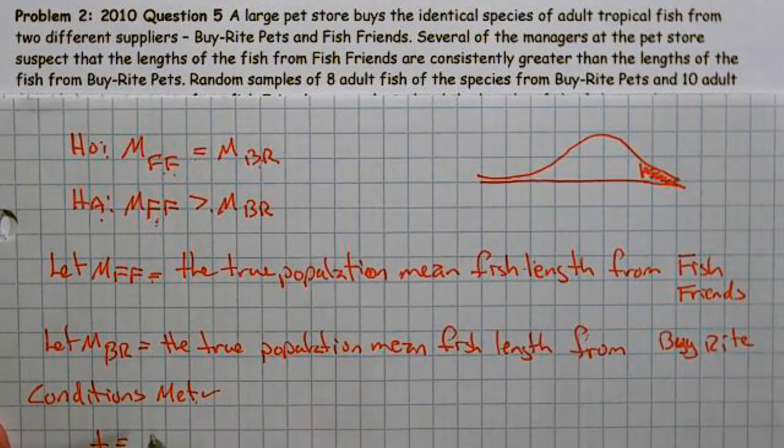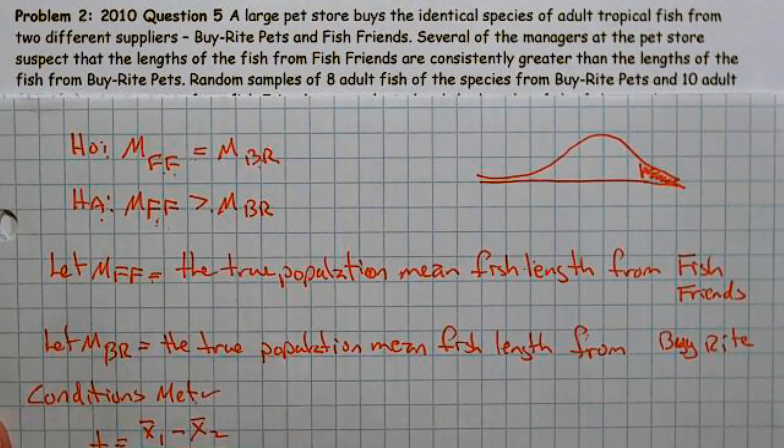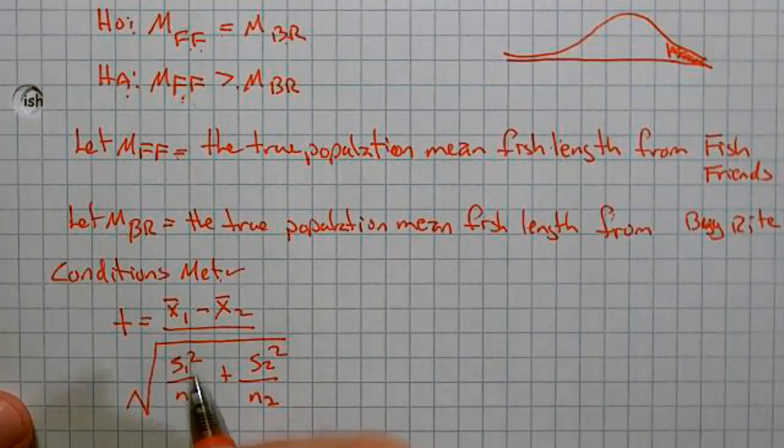So t equals x bar 1 minus x bar 2, over the square root of s1 squared over n1 plus s2 squared over n2. And because we went in this order, this is going to be FF, and this is going to be Buy Right. We're going to go in that order.